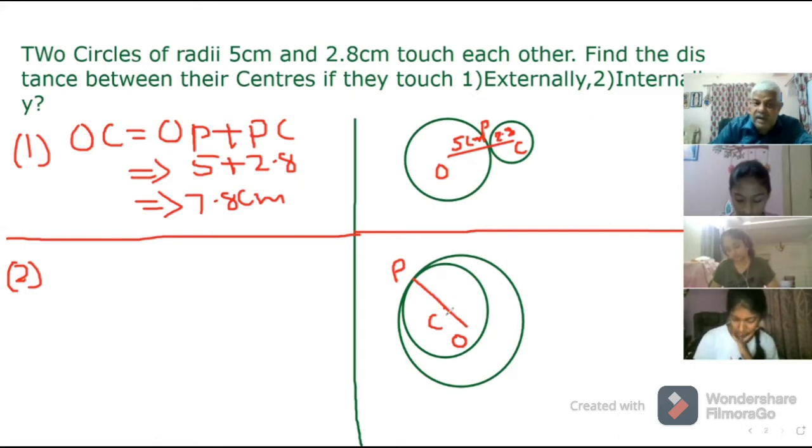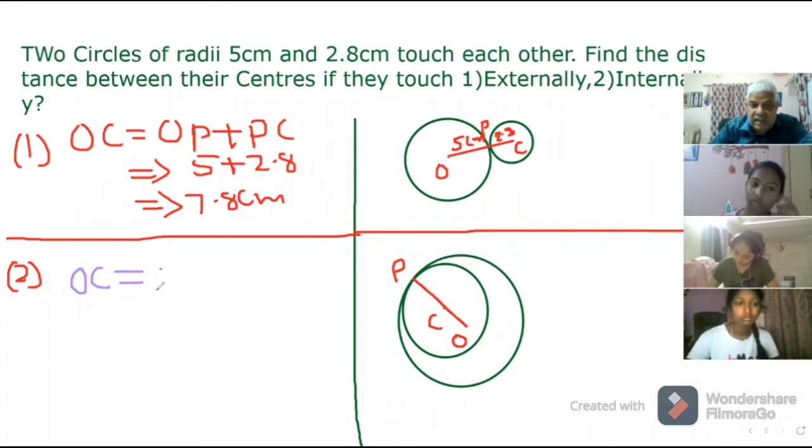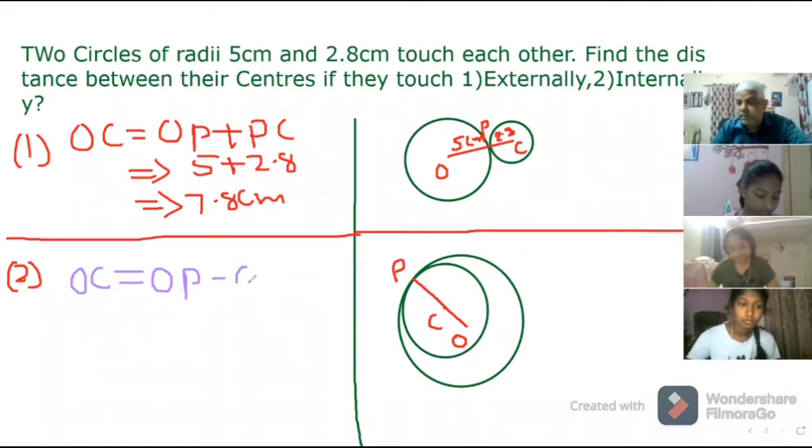Now you have to find the distance between their centers. Again, you have to find OC. Remember, dear children, OC can be written as OP minus CP, because OP is the radius of the greater circle.